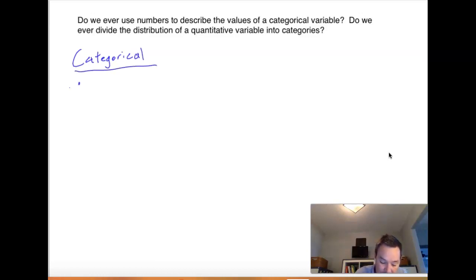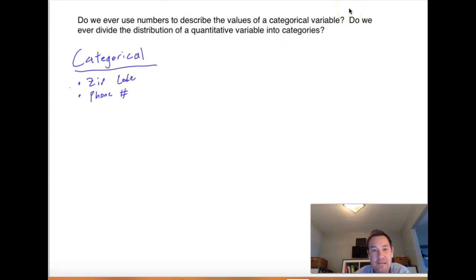Something like zip code, that just identifies the region that you're living in. It's numerical, but it doesn't really make sense to take the average zip code, or even phone number, right? Same idea. Doesn't really make sense to talk about what the average phone number is. So these are both examples of categorical variables that are numerical.